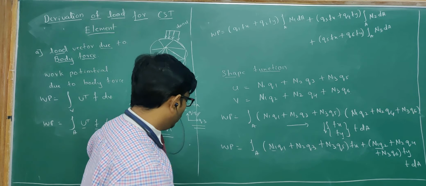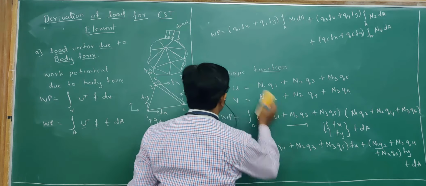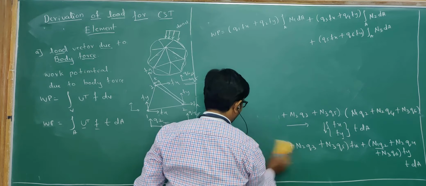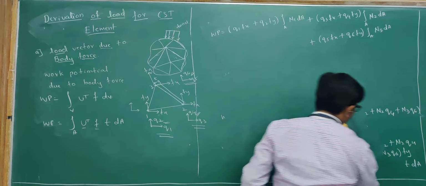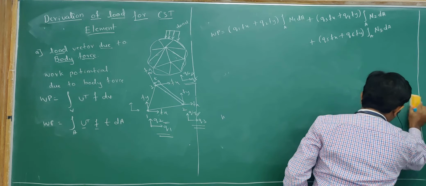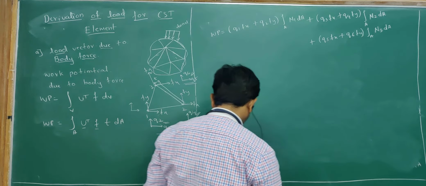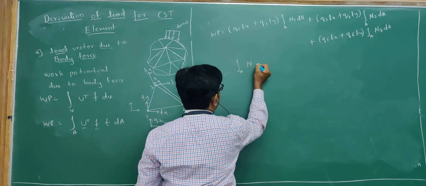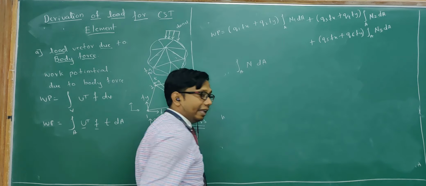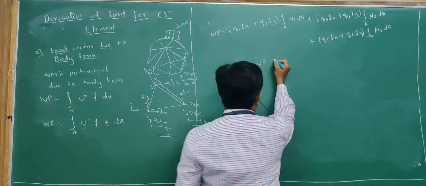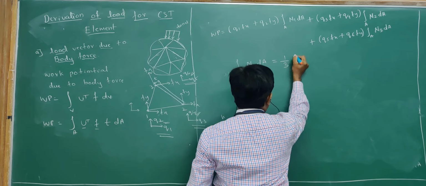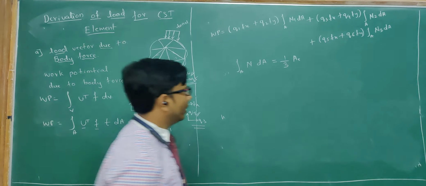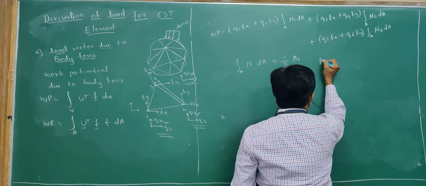When I do the integration of this, basically integration of shape function with respect to the area will be given as 1 by 3 AE. AE is nothing but the area of the element.